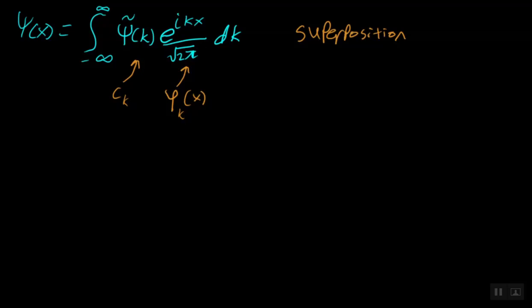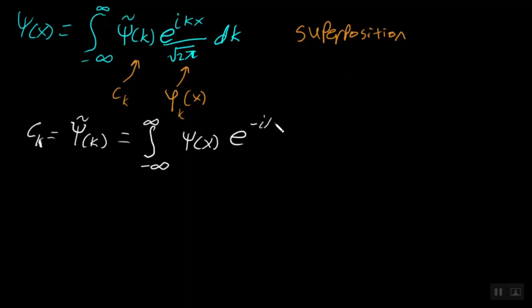And then we did the inner product, where we knew that c k, which is psi tilde of k, is equal to the integral from negative infinity to infinity of psi of x times e to the minus ikx over root 2 pi.